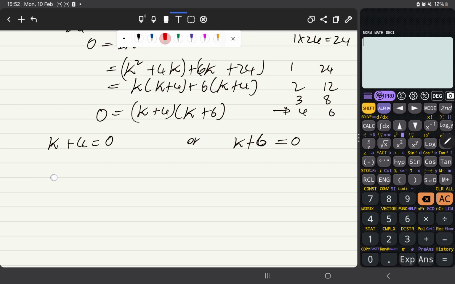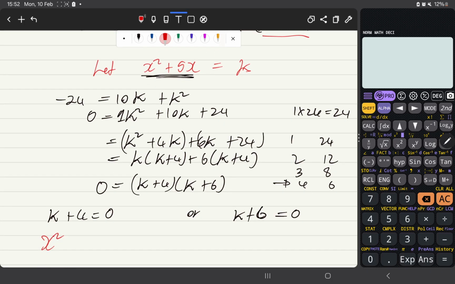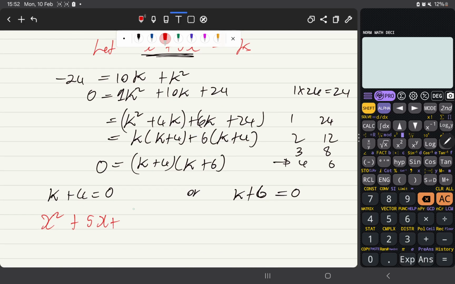I have x squared plus 5x plus 4 equals 0. This side I have x squared plus 5x plus 6 equals 0.